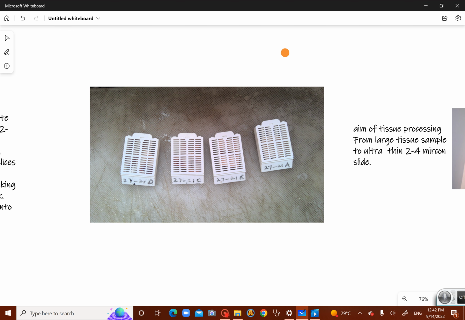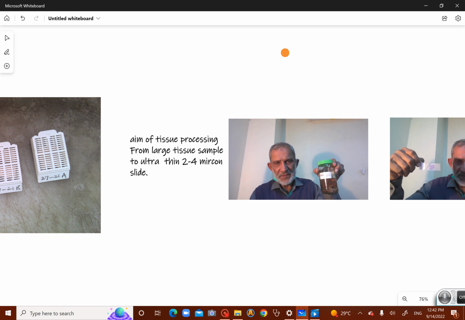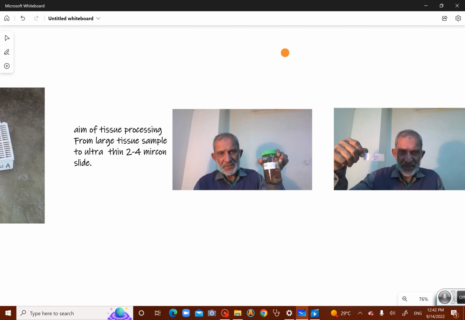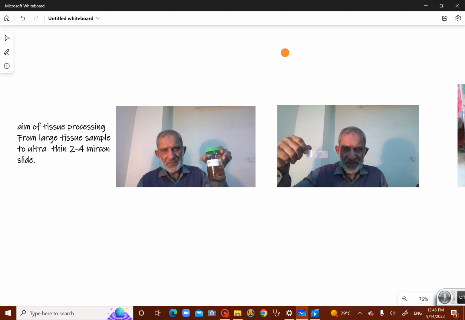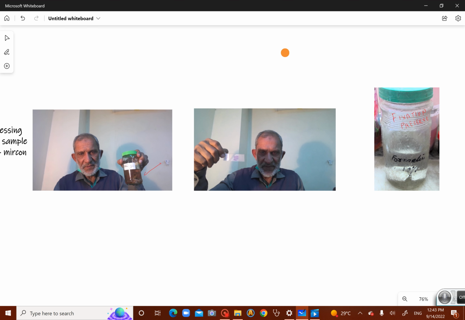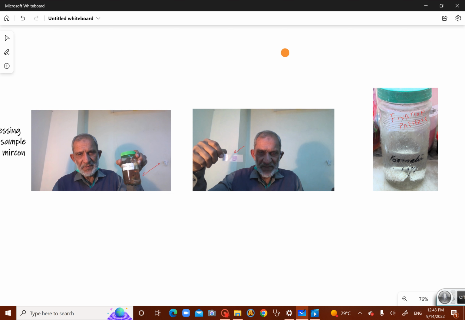Now, what is the aim of the tissue processing? The aim of the tissue processing is to make very small film from big structures from tissue sample. Now, the tissues are sent in big jars, big specimens, and your aim is to make a thin slice, almost 2 to 4 micron thick, which can be seen under the microscope.